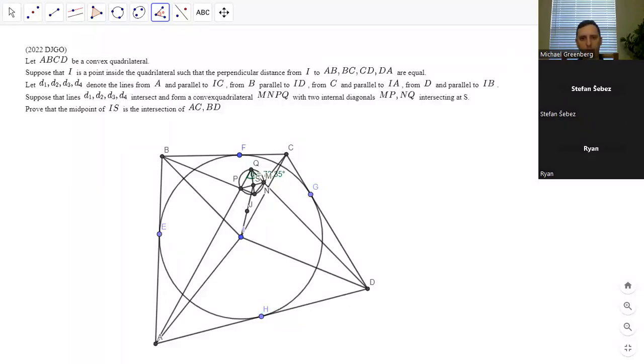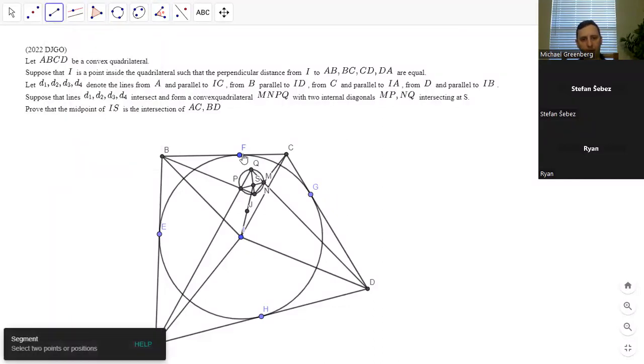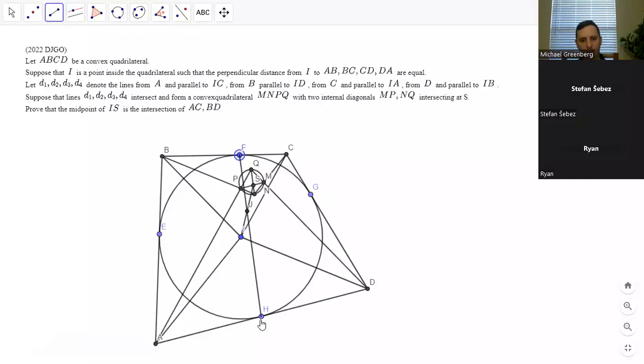So I think we might be able to show those quadrilaterals are similar. And then if those quadrilaterals are similar, then FH and EG, it's almost like a homothety. So S and J would correspond.